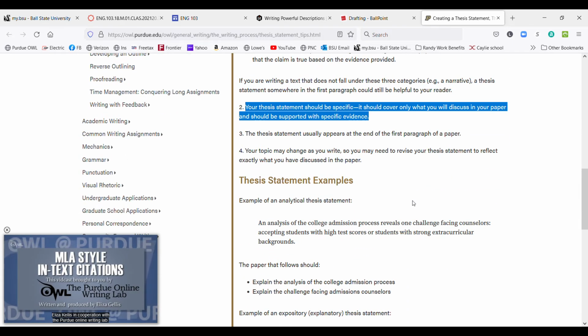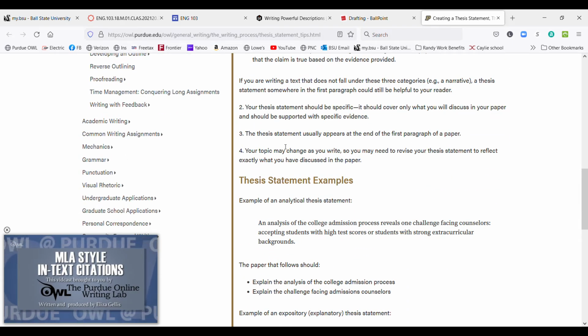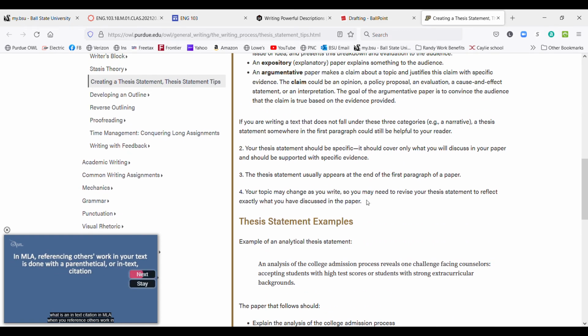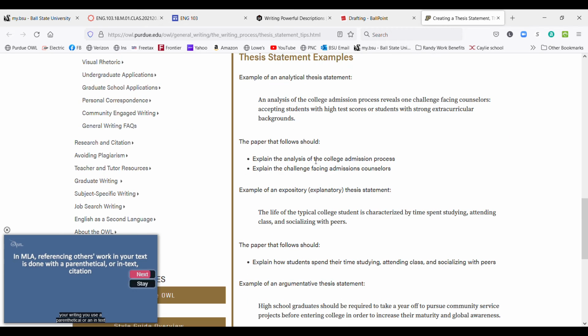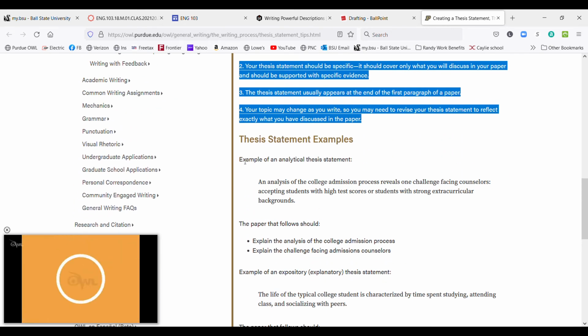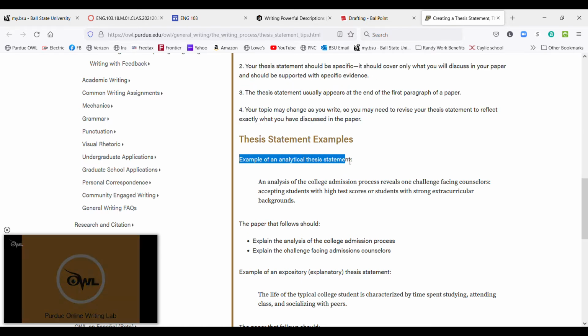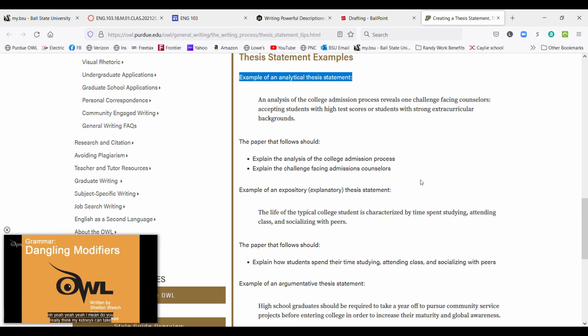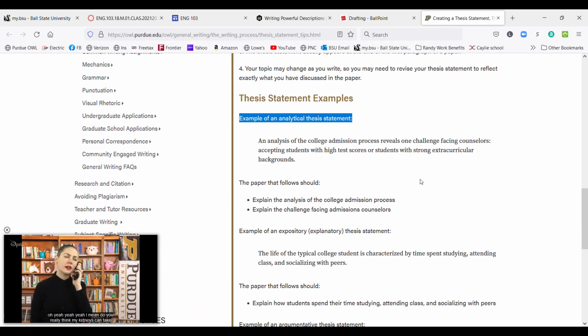It'll go down. Oh, example of political thesis statement. Okay, so all of these are important. And then it goes down to talk about the thesis statement examples. Sorry for the confusion. So an example of an analytical thesis statement. And then it tells you the examples. So that could help you build your thesis statement.